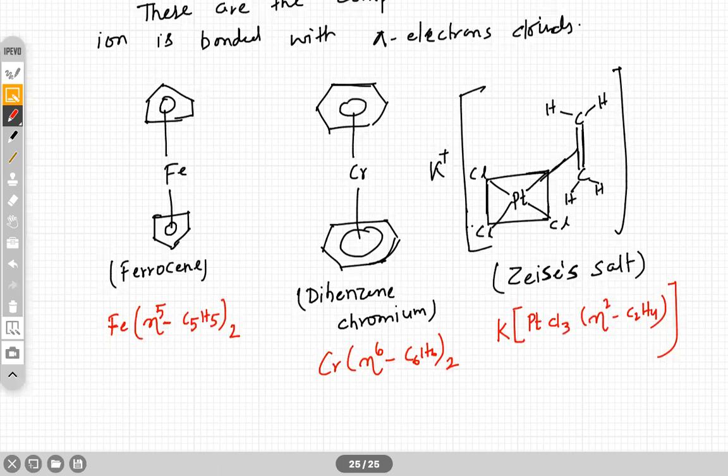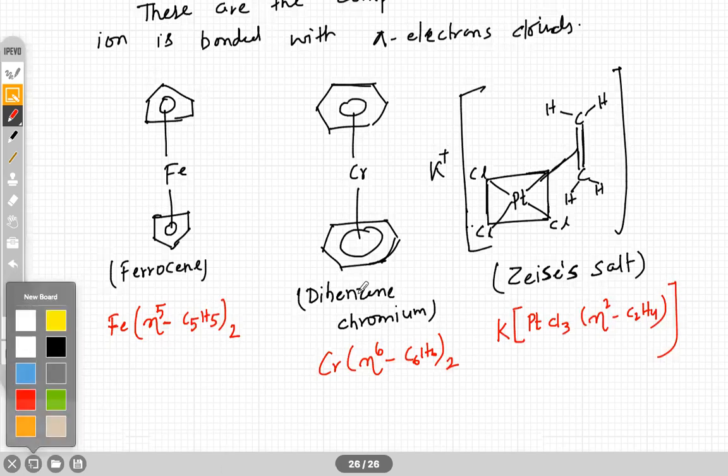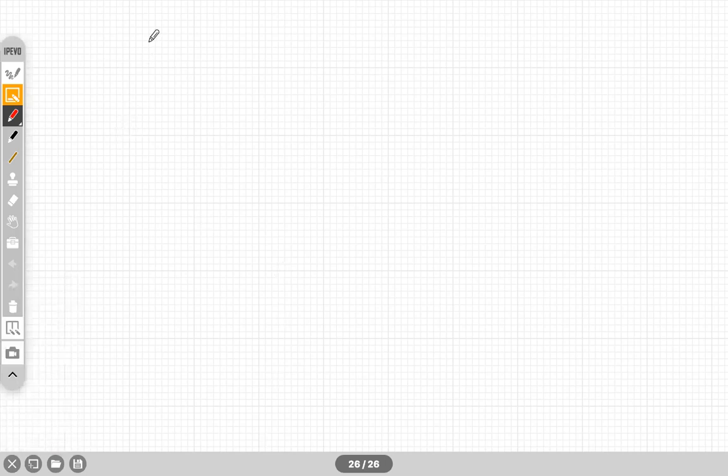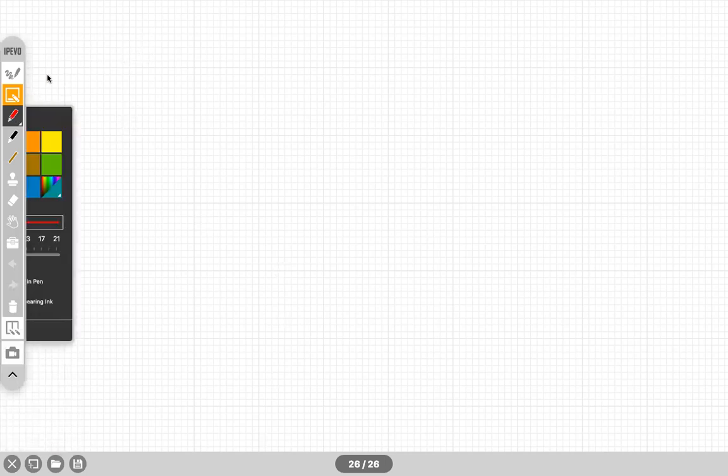Okay. Third type of organometallic compound we have, and we call it as sigma and pi bonded complex.